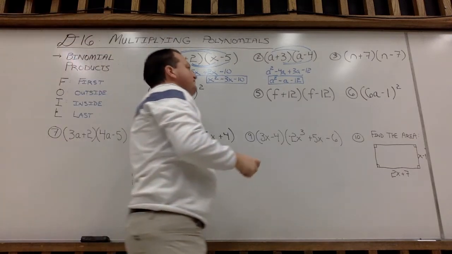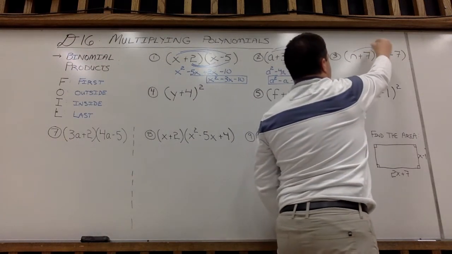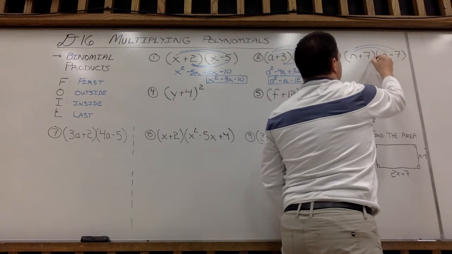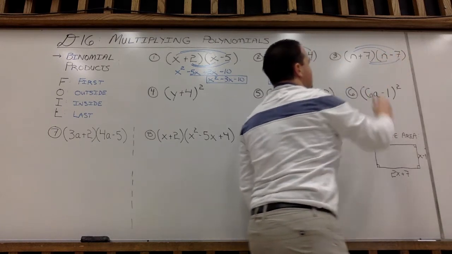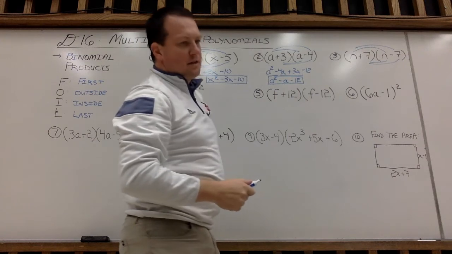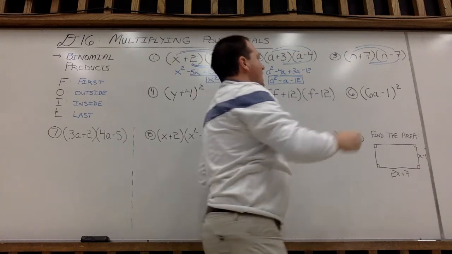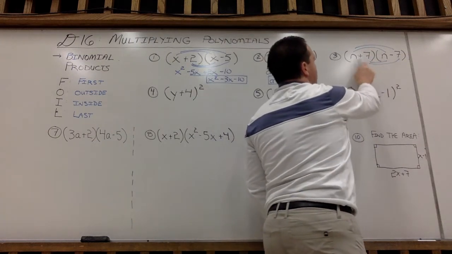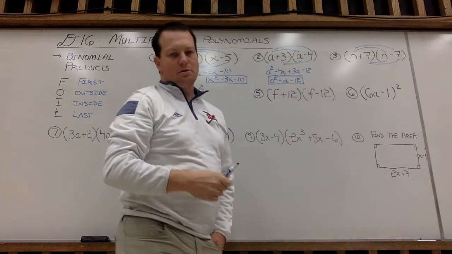Watch this. What we're watching for here is, we'll talk about this too in one of the next lessons, special cases. I have a sum and difference of identical binomials.